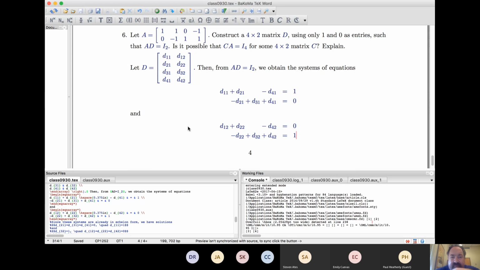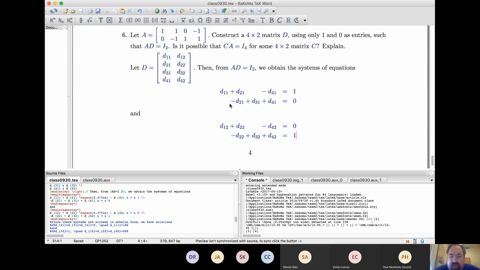Because here we have, look at the coefficients, 1, 1, 0, minus 1. That's the first row of A. 0, minus 1, 1, 1. Second row of A. So now I can try to solve this system using only 1 and 0 as values for D. Now, you don't have to go to the trouble of row operations.